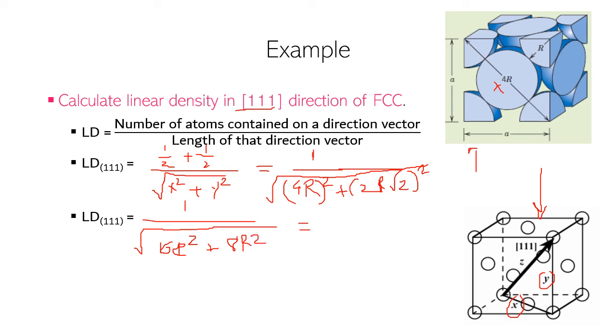So this is equal to 1 upon the square root of 16r squared plus 8r squared, which is 24r squared. So this becomes equal to 1 upon 2r root 6. So that's the simplification. This is the expression for linear density in the 111 direction of the FCC unit cell.